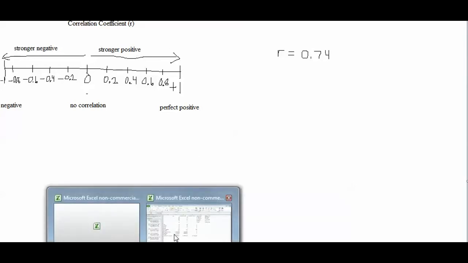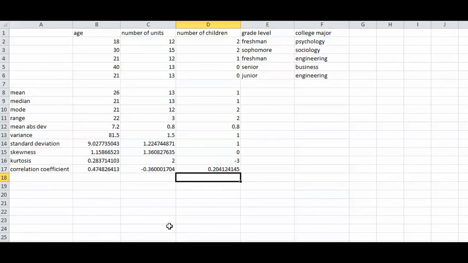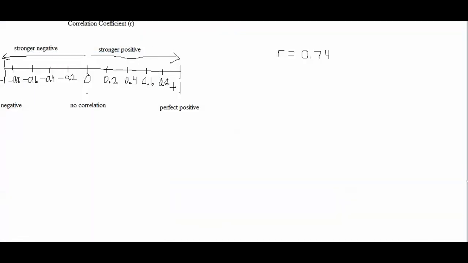Let's mark off these correlation coefficients. The correlation coefficient for age and number of units came out to 0.47, which is right here. Or it's about right there.